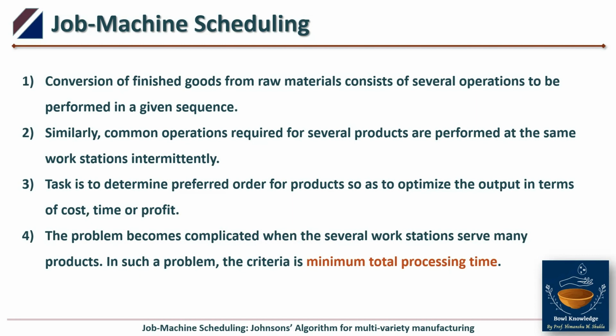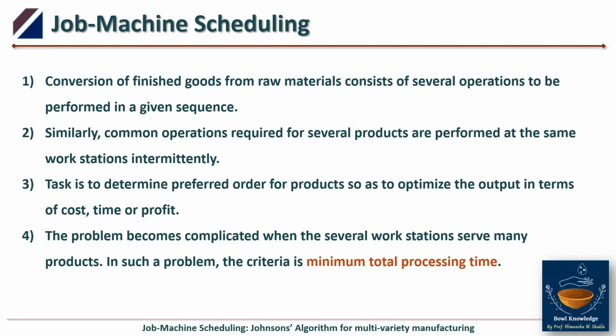That is, on this particular machine, what will be the sequence by which the jobs will come in, and when they will go out. The in time of every job and the out time of every job, that is called a schedule, right? Whenever we call something a schedule, definitely it has time values involved in it.